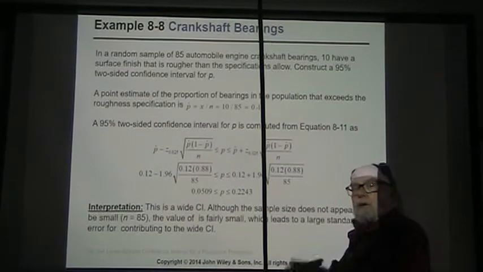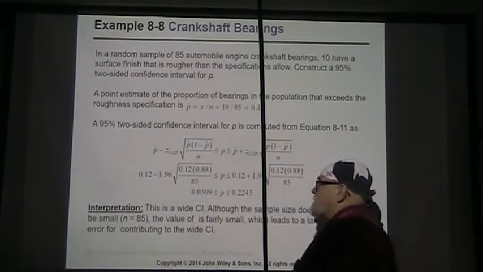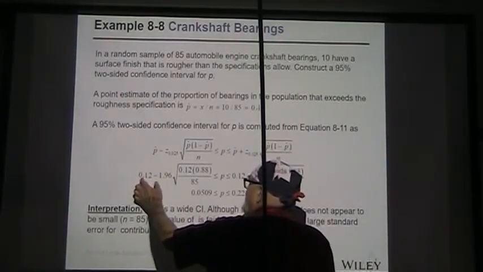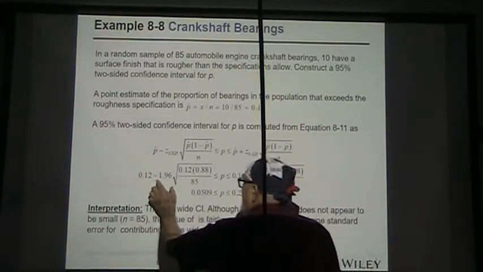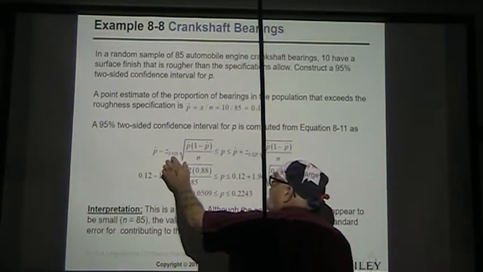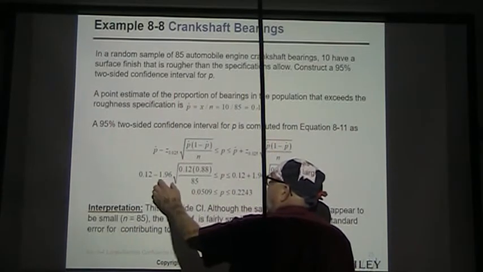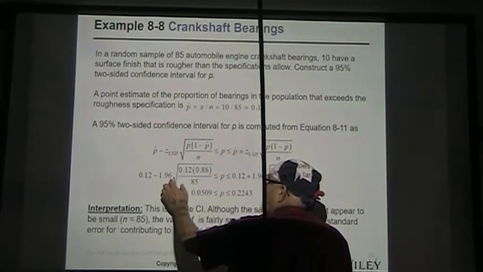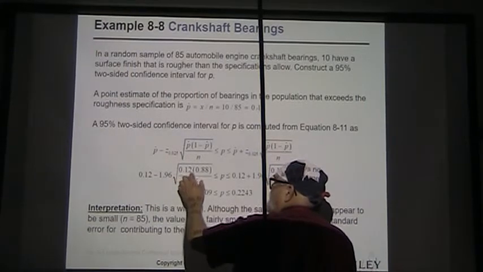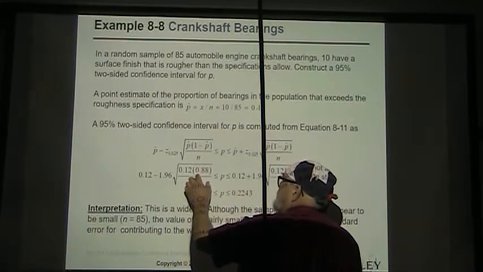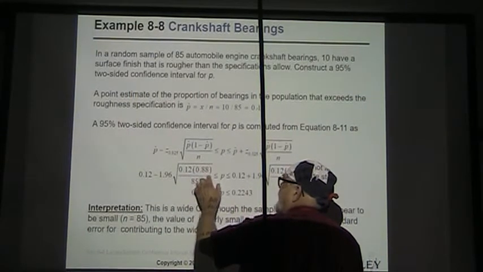All right, so now we just substitute in our numbers. We know that p hat is 0.12 from the calculation done up here. We know that z of 0.025 is 1.96. We put in p hat 0.12. 1 minus p hat is 0.88.